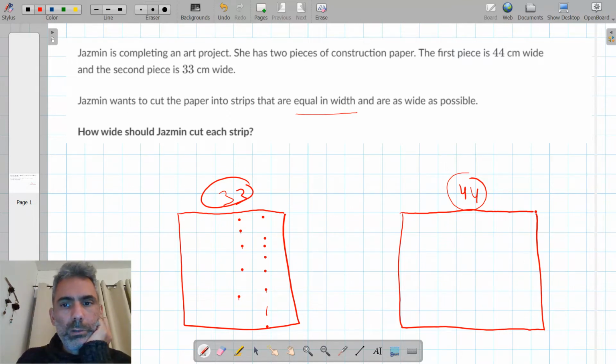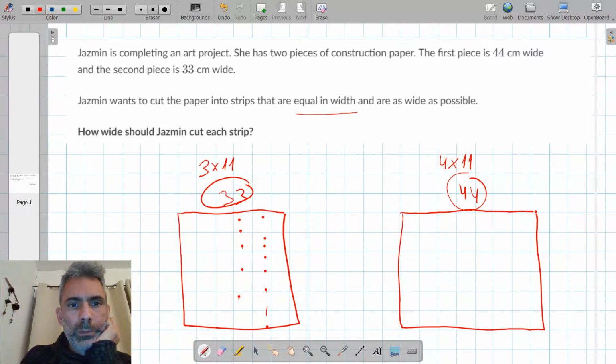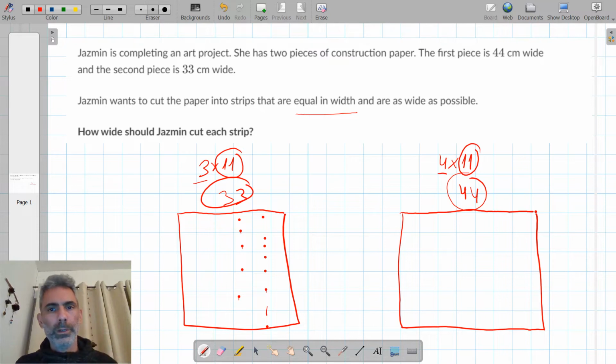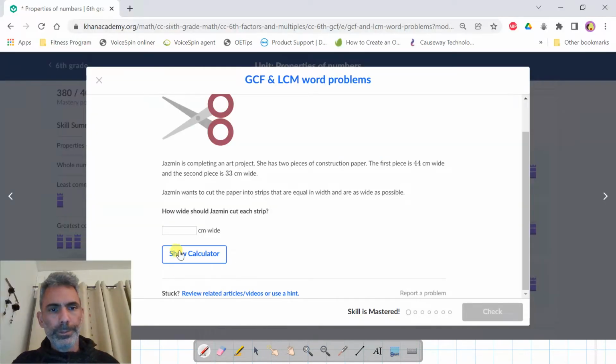So if we know the greatest common factor of 33 and 44, we will have the answer. 33 is 3 times 11 and 44 is 4 times 11. So 11 is the greatest common factor because 4 and 3 have nothing in common. So 11.